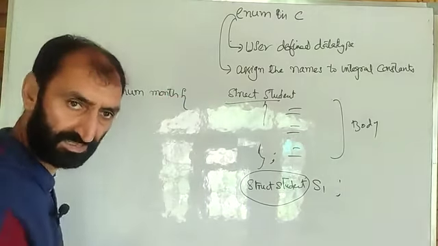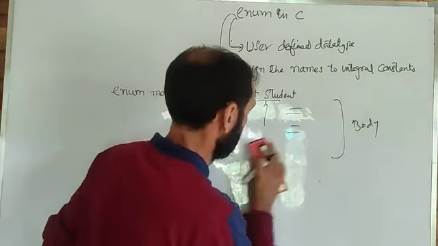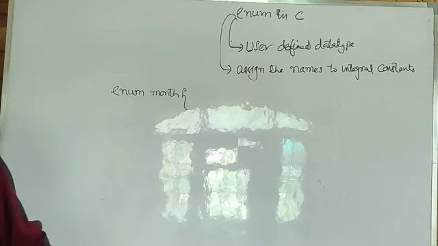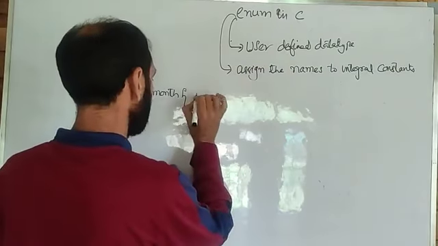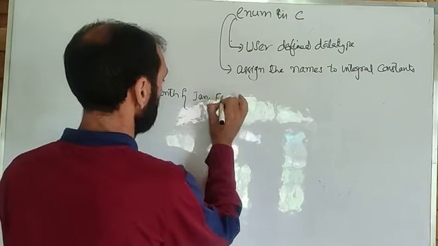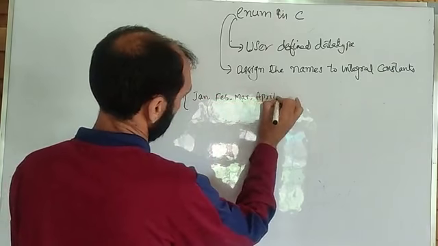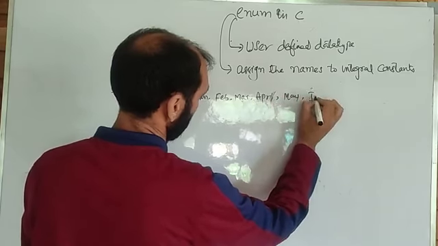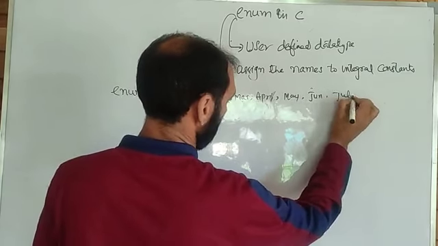And in the month enum, for example, January, Feb, March, April, May, June, July, August.